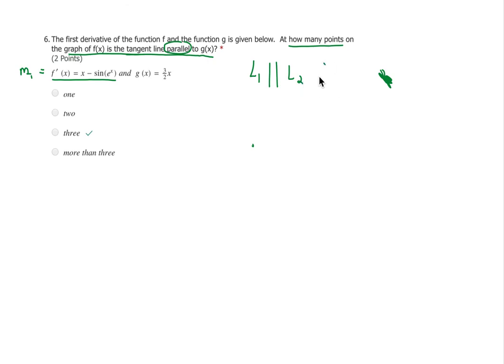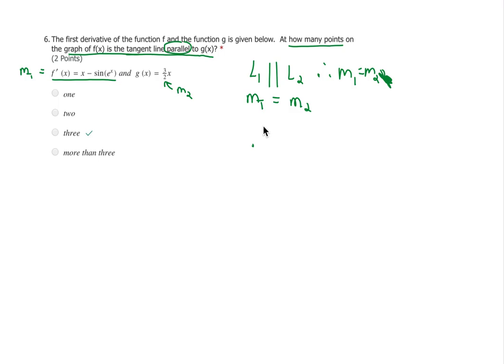Well, that only occurs if the slope of line 1 is equal to the slope of line 2. So for the tangent line to be parallel to g of x, the slope of my tangent line needs to be equal to the slope of this line, which we'll call M2. So I need these to be set equal to each other.